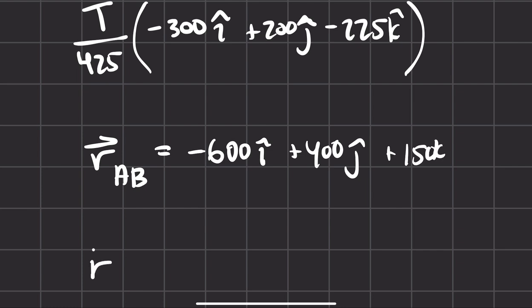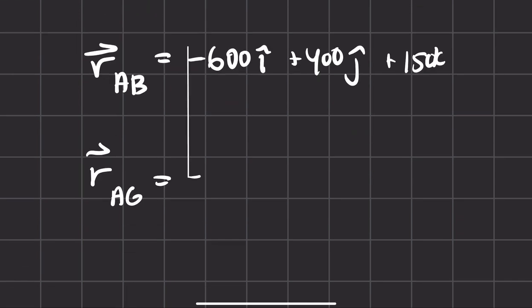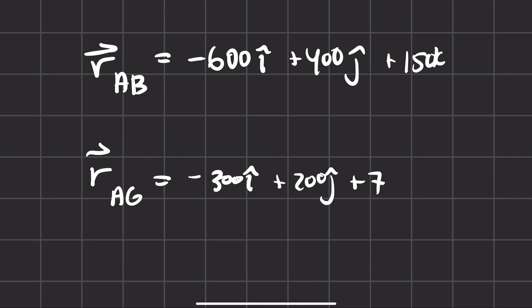And then R from A to G. The reason we're doing this is because we're going to take the moment about A to eliminate all those unknowns that we had. We have negative 300I plus 200J plus 75K millimeters.